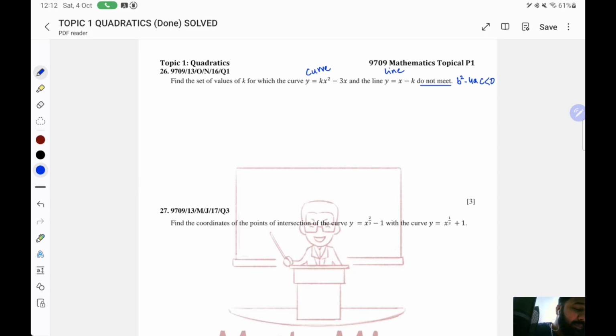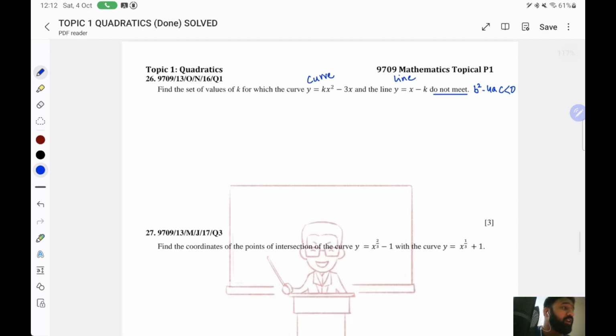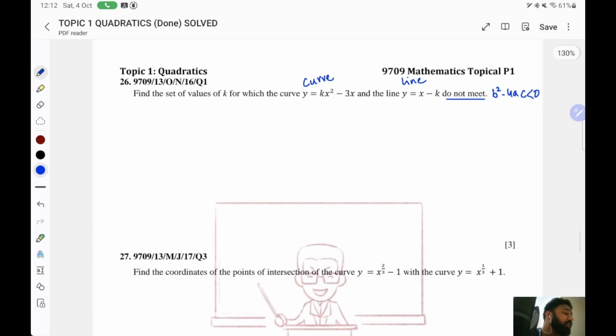So first of all, we'll find out the equation for the point of intersection. So we'll equate the two lines together. For that, we'll put the y's equal to each other, and so it will become kx square minus 3x equals x minus k.